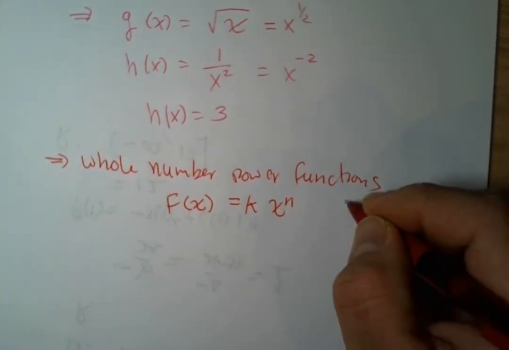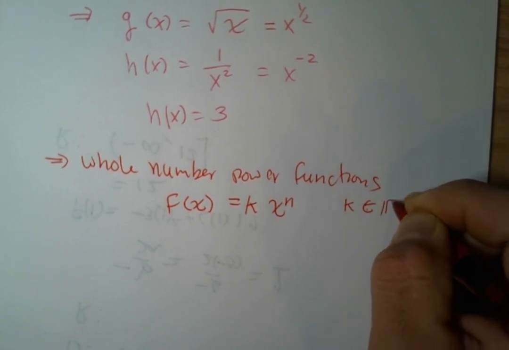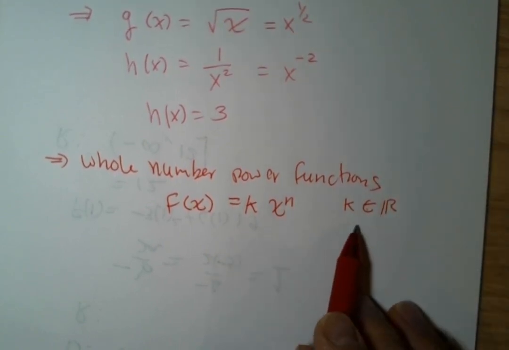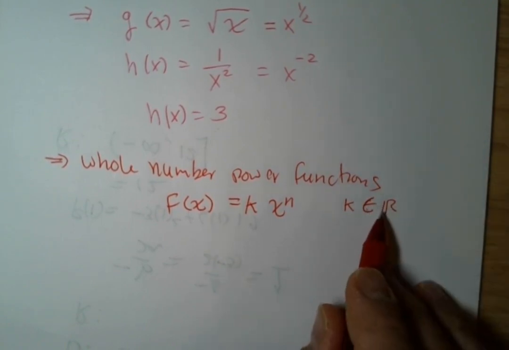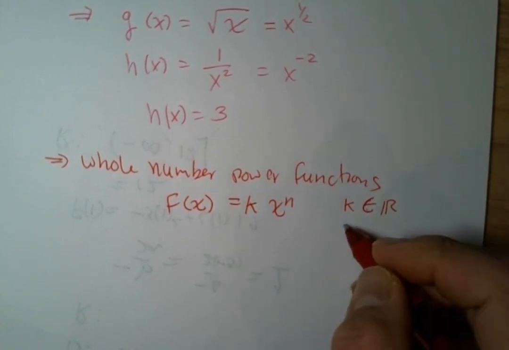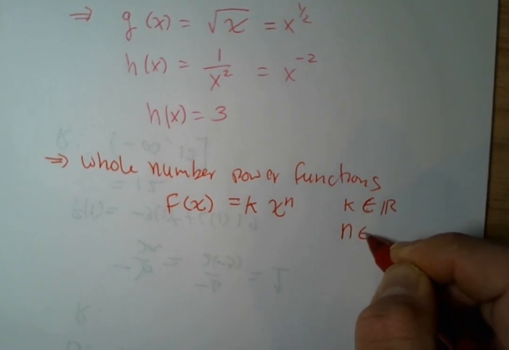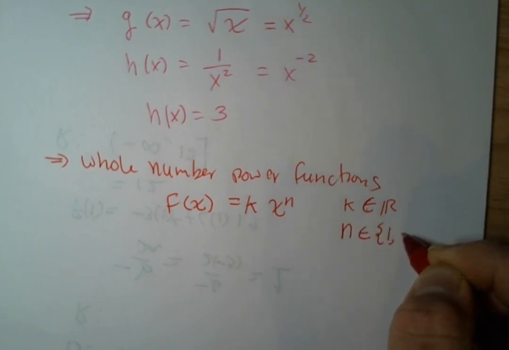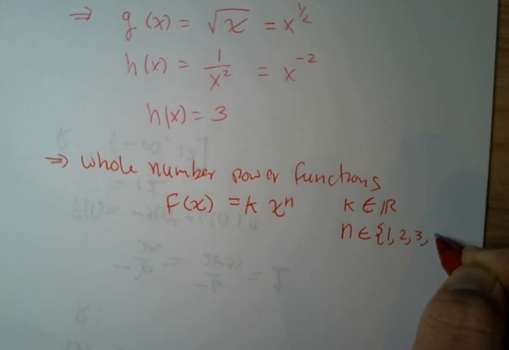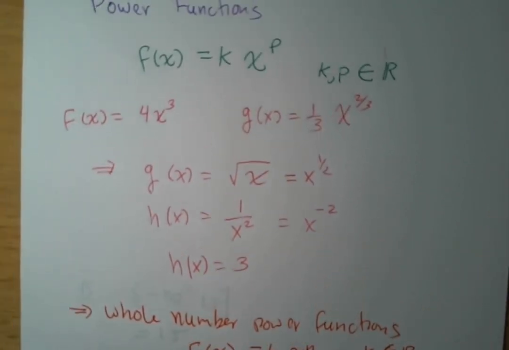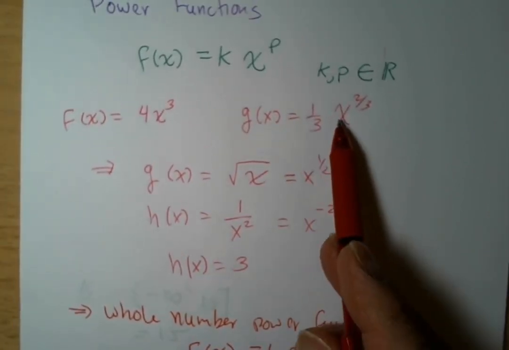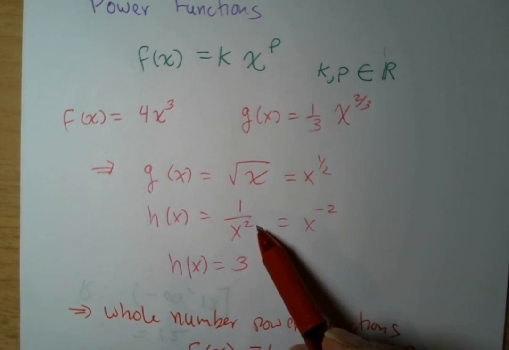Now, in this case, k can still be any real number, right? And again, this notation, this epsilon here, means element of the real numbers. That's how you read that. So k can be any real number, but in this case, n is going to be limited to our whole numbers 1, 2, 3, 4, etc. Looking back at our power functions, that would disqualify these here for the types of functions that we'll be looking at.